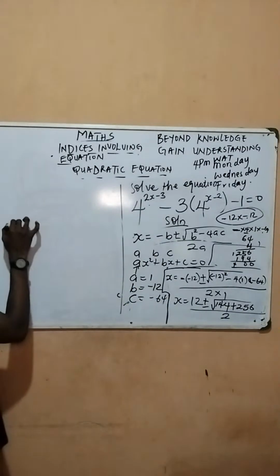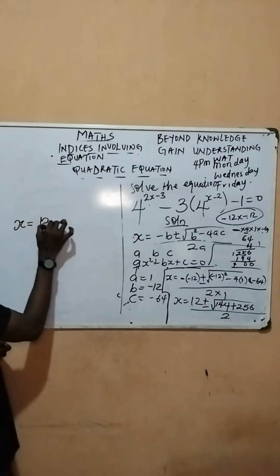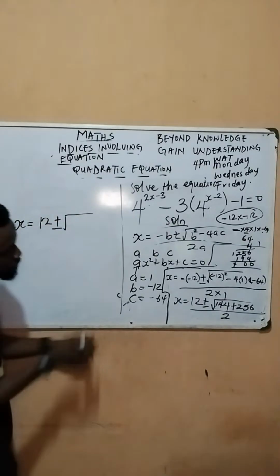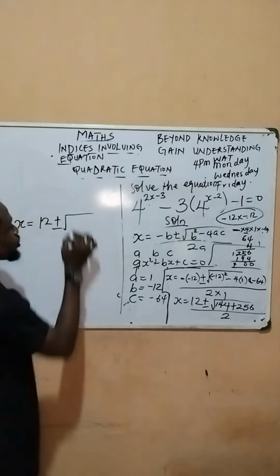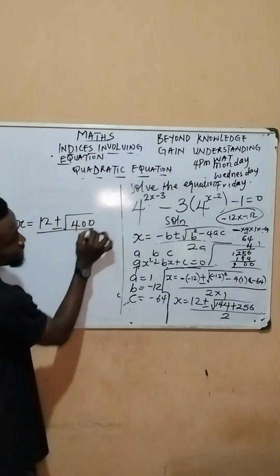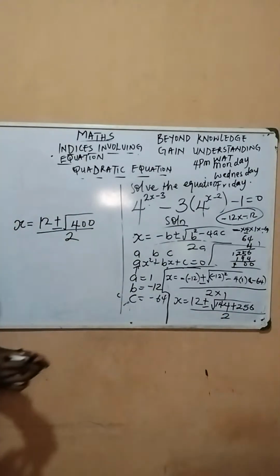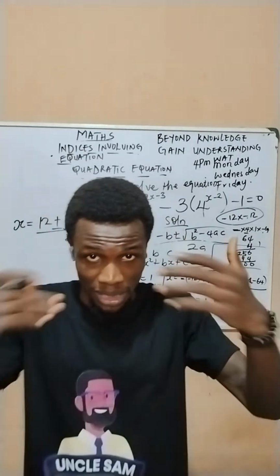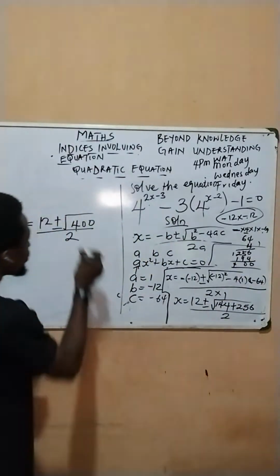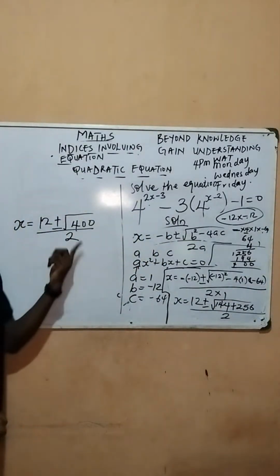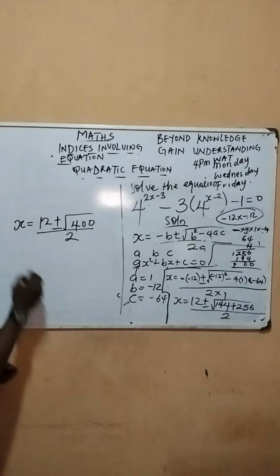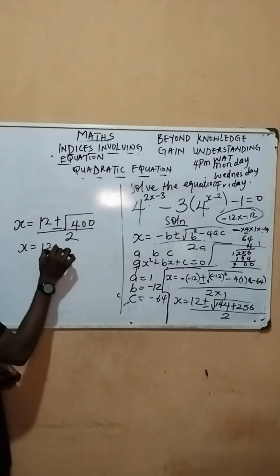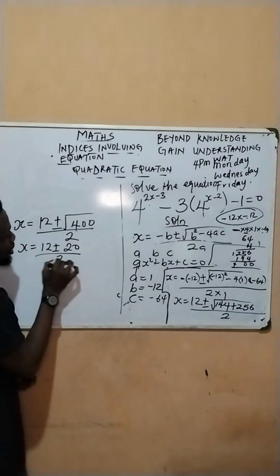You add this together, you see that our x will now be equal to 12 plus and minus the square root of 144 plus 256, which is going to give us 400, divided by 2. We know what the square root of 400 is equal to? 20. Because 20 multiplied by itself is going to give you 400. So we replace everything here with 20 because the square root of 400 is 20. So x now is equal to 12 plus and minus 20 all over 2.